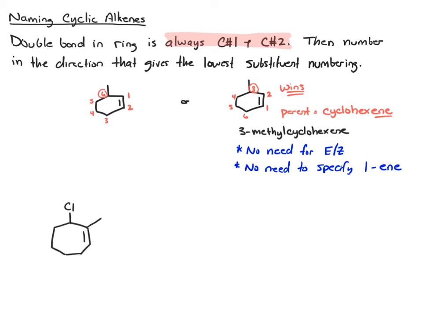Now let's work on naming this compound. As before, we need the carbon 1 and carbon 2 at the double bond. And it's probably very tempting for you to want to say this should be 1, this should be 2, because that gives us chlorine at 3.